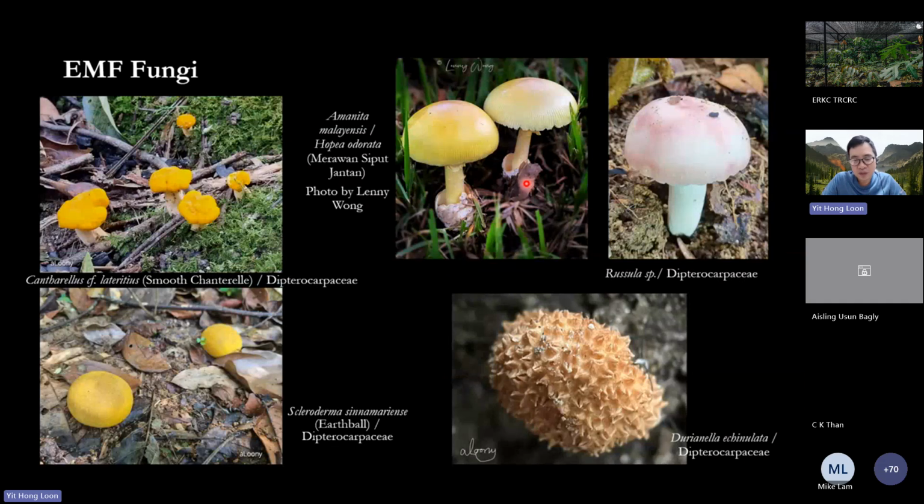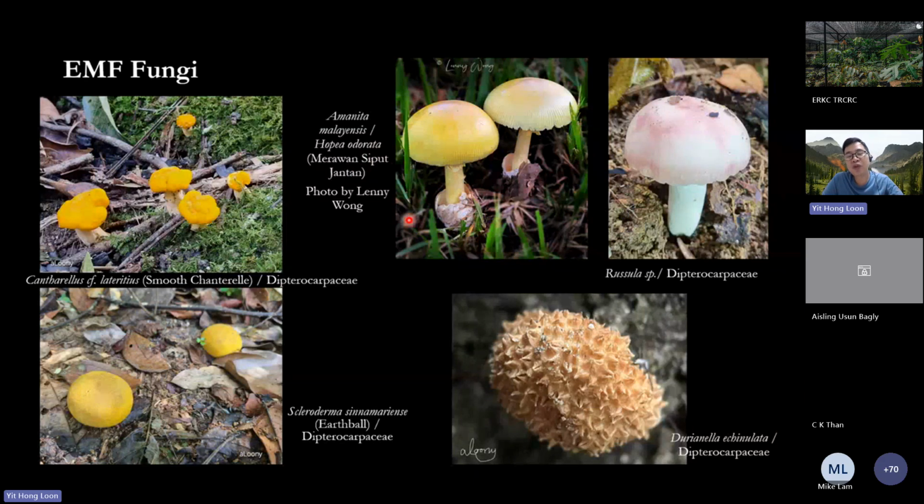We need to know the morphology of the fungi, we need to know the natural habitat, and sometimes we need to know the tree host. For this case, the expert in the frame was able to confirm for us that this Amanita is forming the mycorrhizal with this tree, Merawan siput jantan or Hopea odorata.